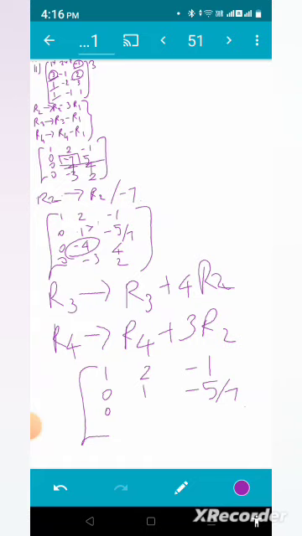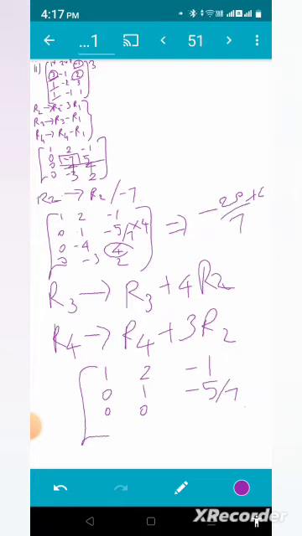Minus 4 into plus 4, that is 0 here. Then 4 plus 4 R2, that is minus 20 divided by 7 plus 4.